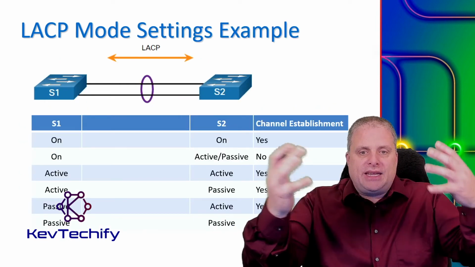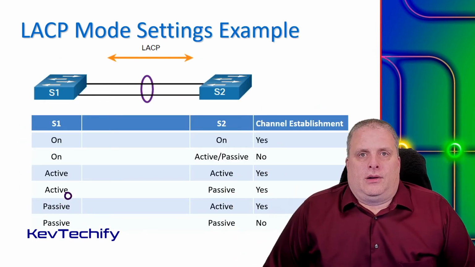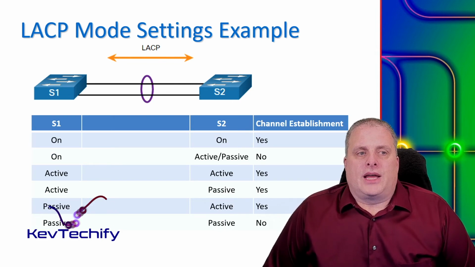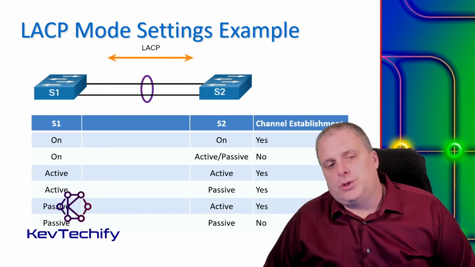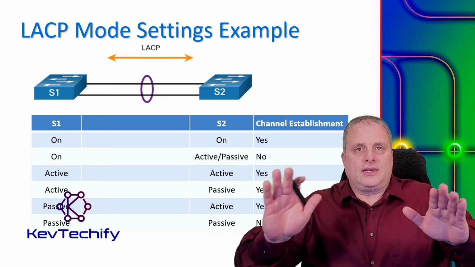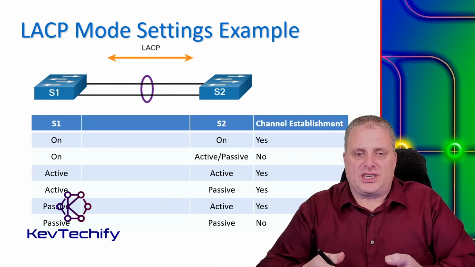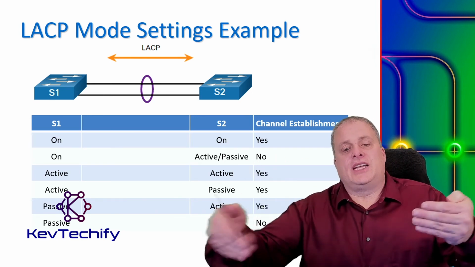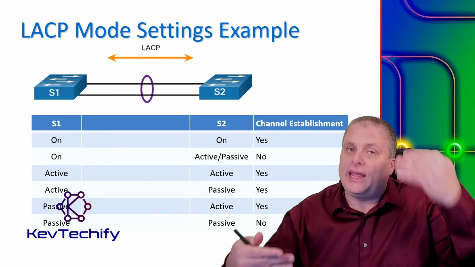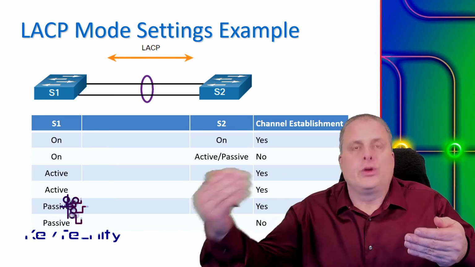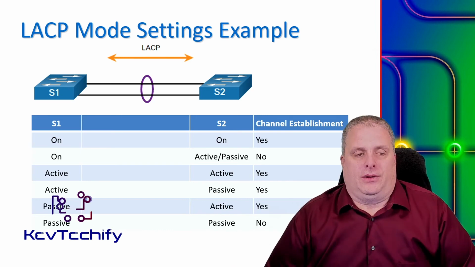And we basically have the same chart again for the settings. We've got switch 1 on the left and switch 2 on the right. If both sides are on, we'll make that connection. If one side's on and the other side's negotiating, the on side is not negotiating, so nothing will happen.